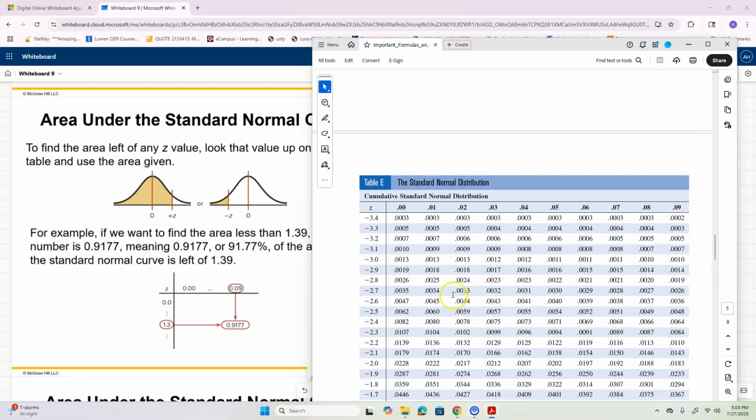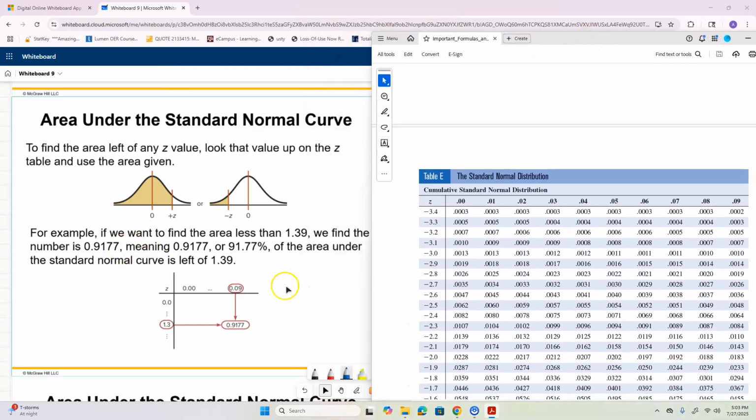And if we go down, the example they said was, what if you had a z-score of 1.39, what percent of the data would be below that? Well, we go over here, and I'm on the wrong page right now because I've got a positive value.